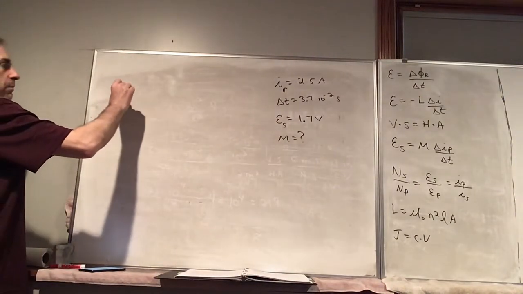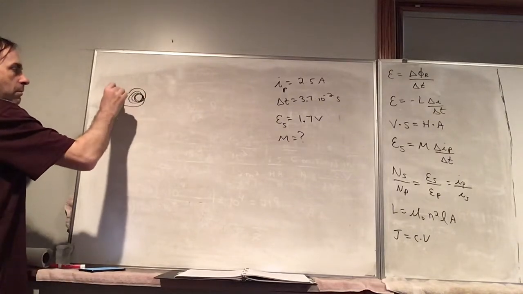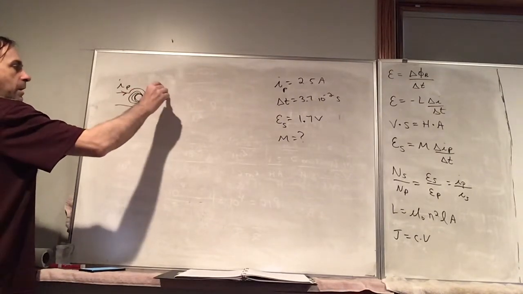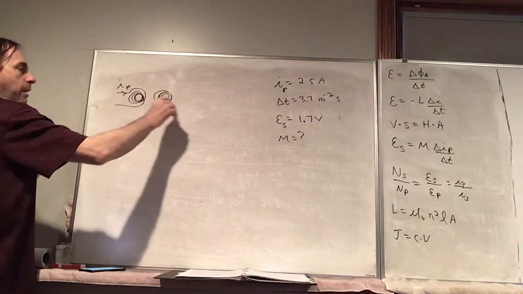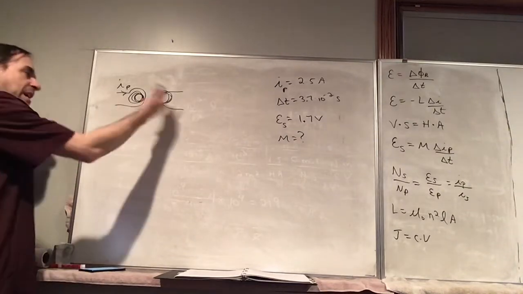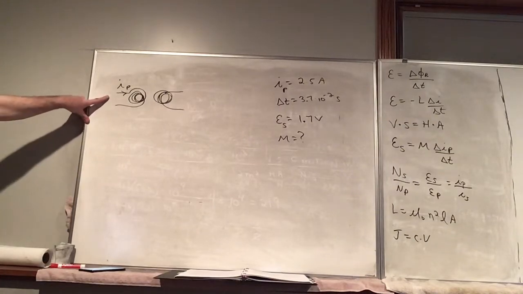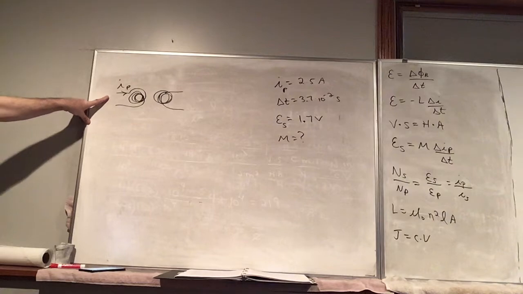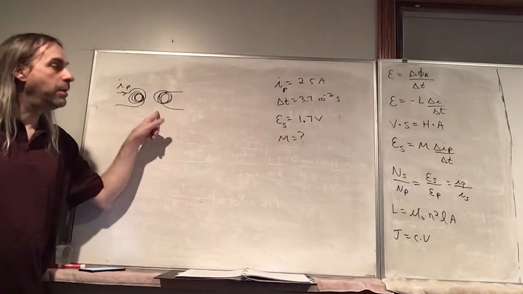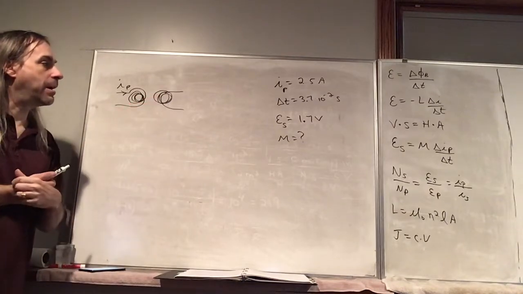So we have one coil here carrying a current, and another coil here that doesn't have anything going on. But again, there's a magnetic field due to the primary coil, which is producing a flux in the secondary. So if we cut off this current, the flux here disappears as well, and that will produce a current in the secondary one.